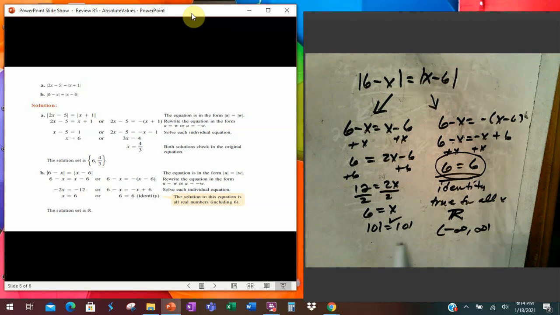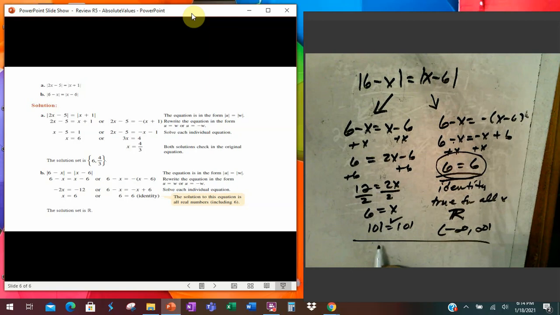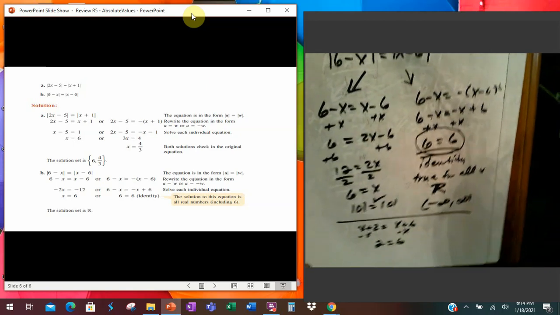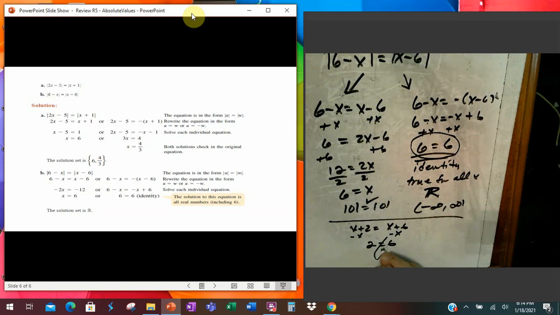How about if I do this as a quick one? How about if I end up with something like x plus 2 is equal to x plus 6? I'm going to do the very same thing, minus x. This goes out, so 2 is equal to 6 is what I'm left with. This is a false statement, so the solution set is no real numbers.